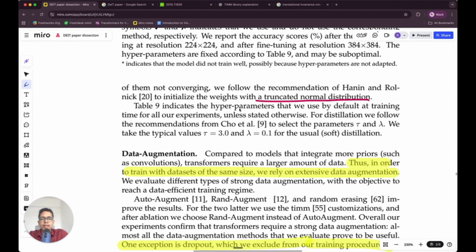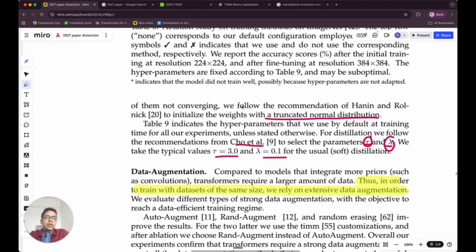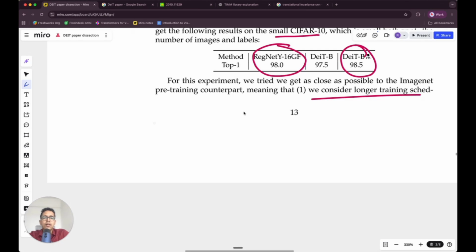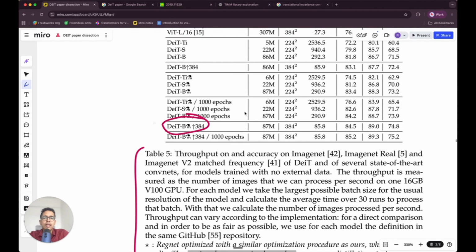Table 9 indicates the hyperparameters that we use by default at training time for all of our experiments unless stated otherwise. For distillation, we follow the recommendation from Hinton et al. to select parameters tau and lambda. Tau is the temperature, lambda is the scaling factor for each of the cross entropy loss and the KL divergence loss. We take tau equal to 3 and lambda equal to 0.1. So what does 0.1 mean?